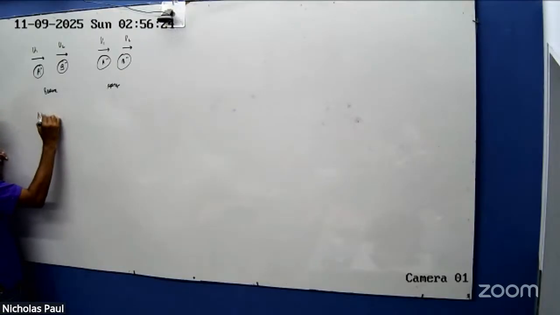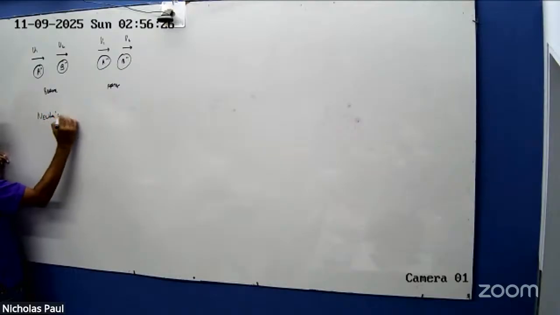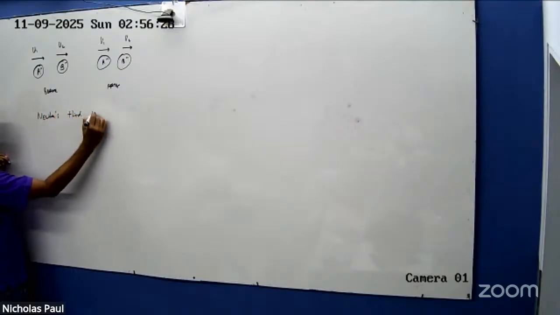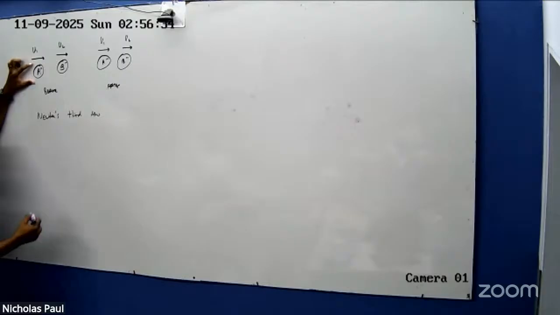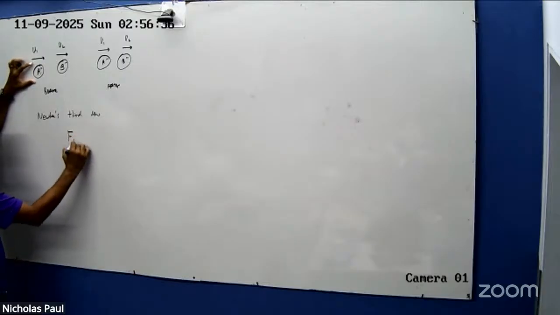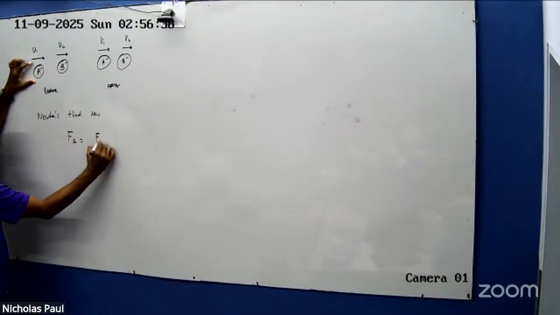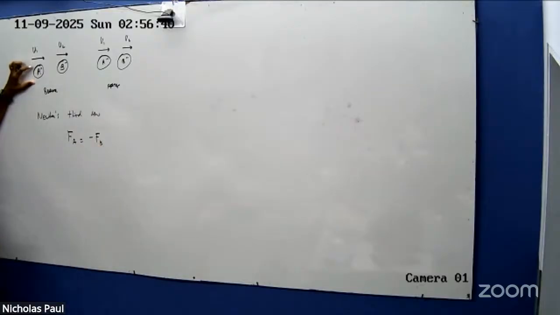When these two collide, for the short period of time when they collide, we know that the force on A is equal to the force on B, and they act in opposite directions. Are you okay with that? That's from Newton's third law.